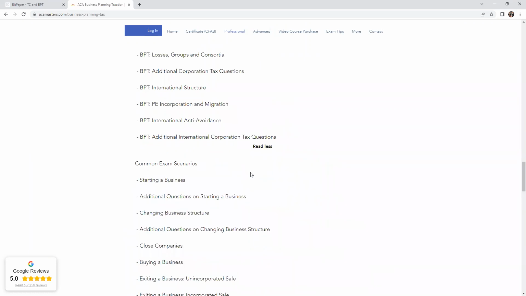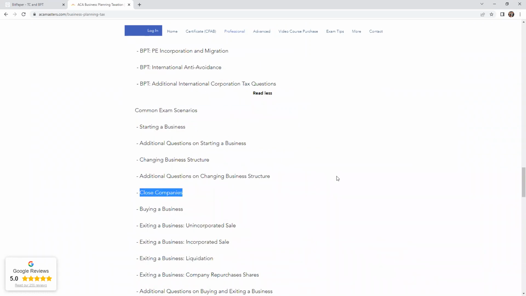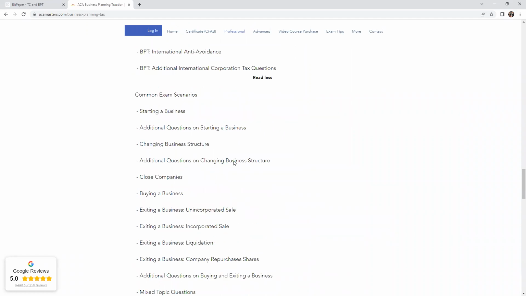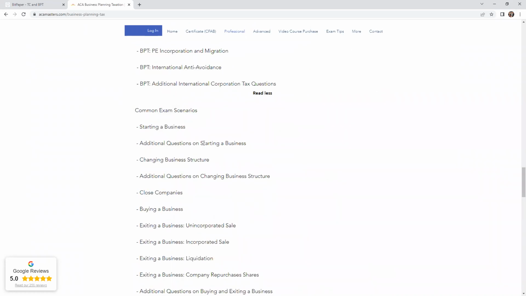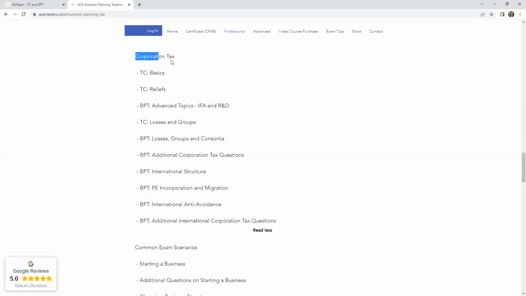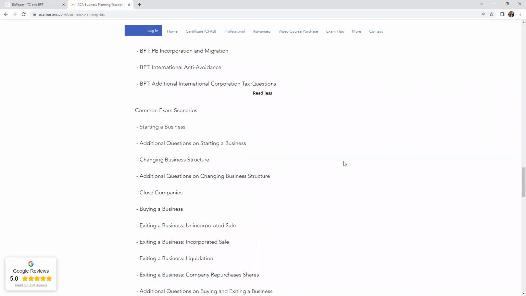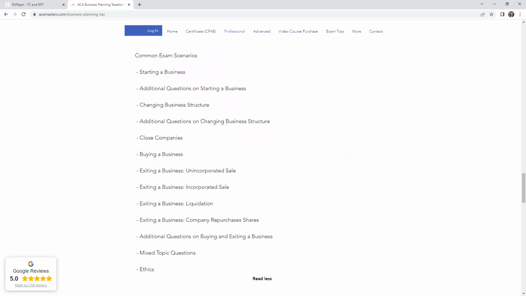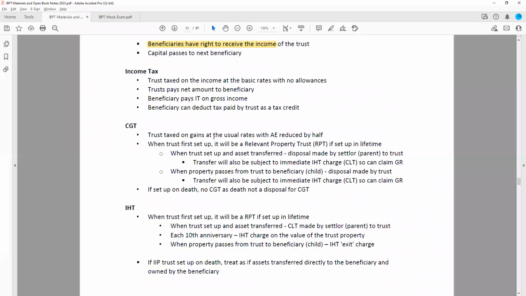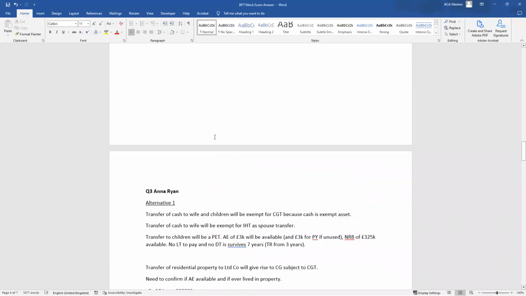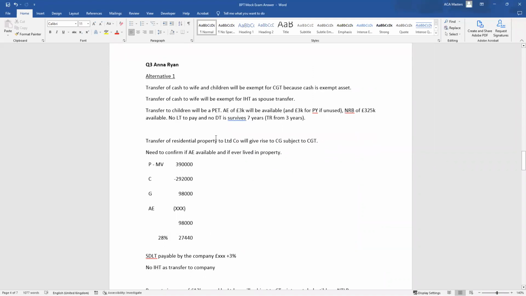We've got the family investment company, and it did tie in a little bit to close companies, which we covered as part of the common exam scenarios, and of course just using a bit of the basics from corporation tax as well. So it probably is more of a common exam scenario, but obviously using CGT and IHT heavily here, but there wasn't really anything new in terms of technical content.